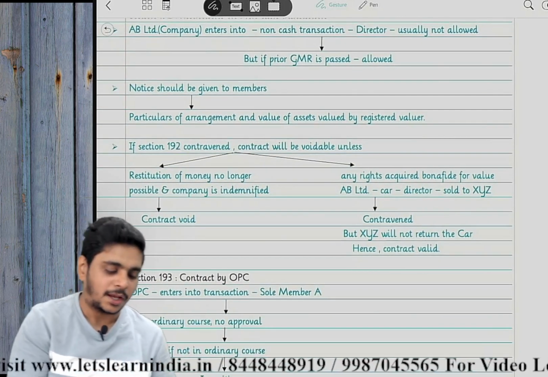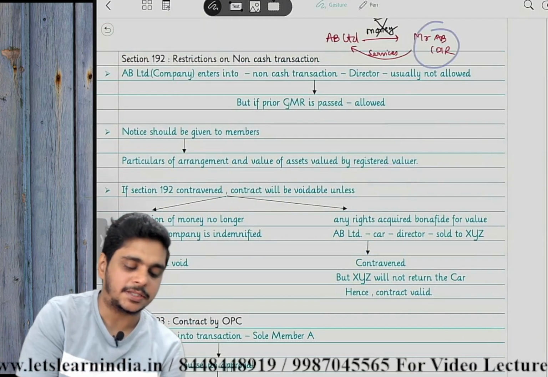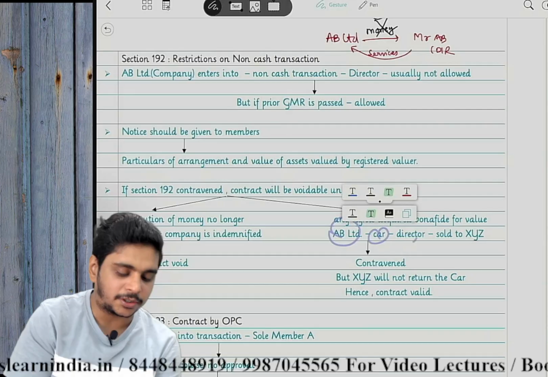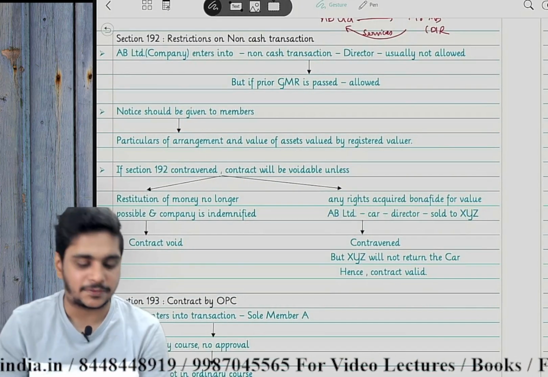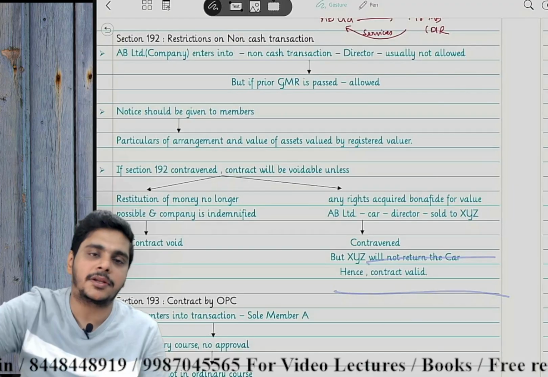Here, any rights acquired bona fide for value. That means imagine Mr. AB sells the car to XYZ. AB Limited gave the car to the director, who sold it to XYZ, and they have contravened. XYZ will not return the car, therefore the contract will become valid, because the third party bought the car in good faith.